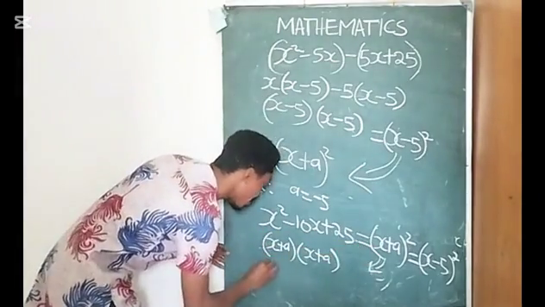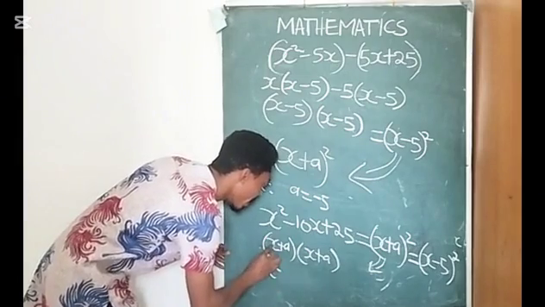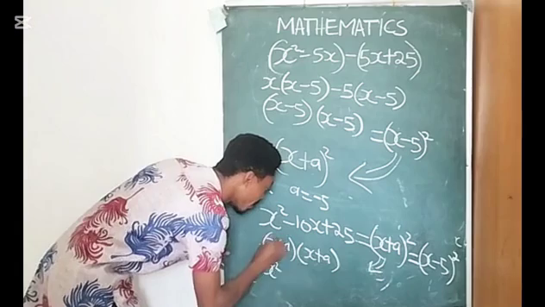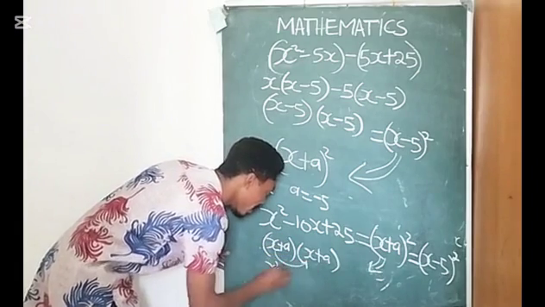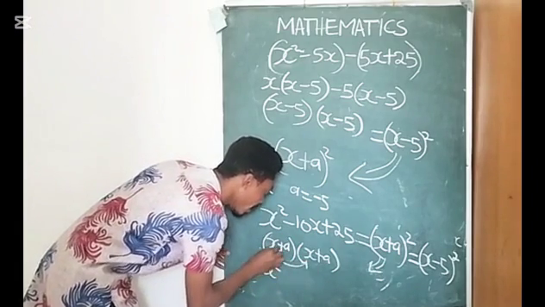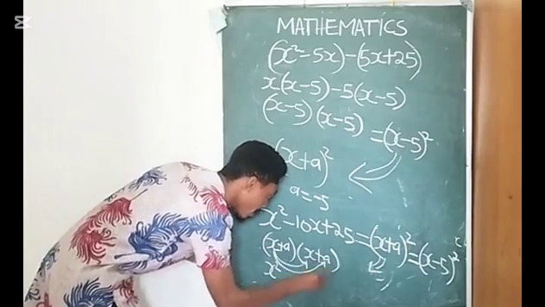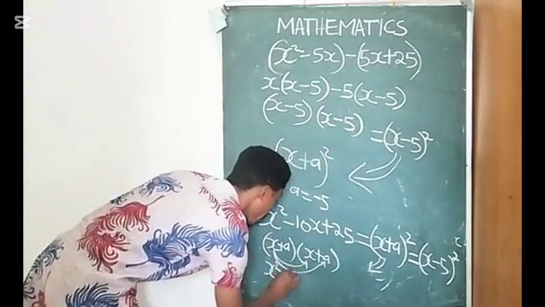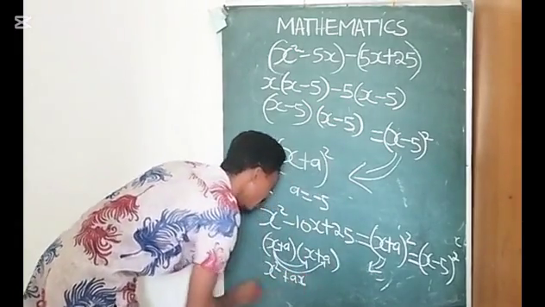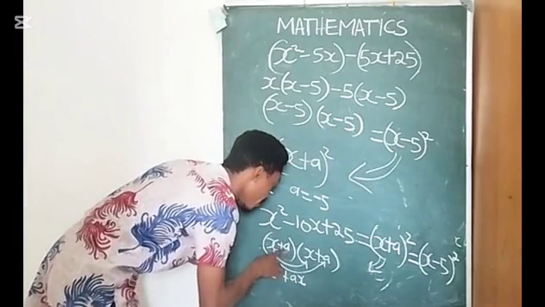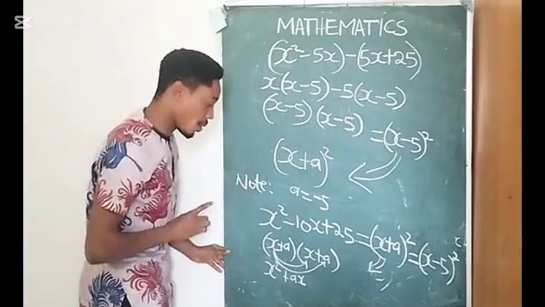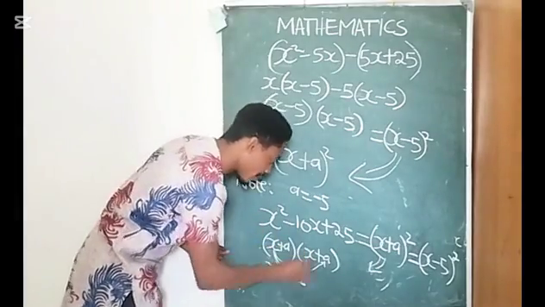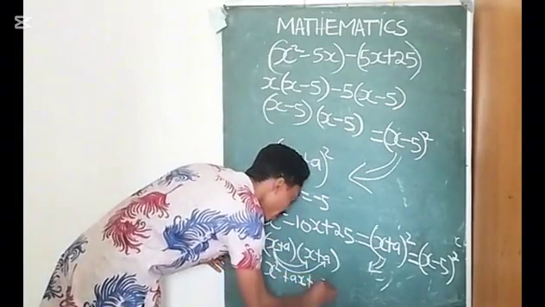x times x is x squared. x times a is ax, plus ax. I'm done with x. Now a times x is plus ax.